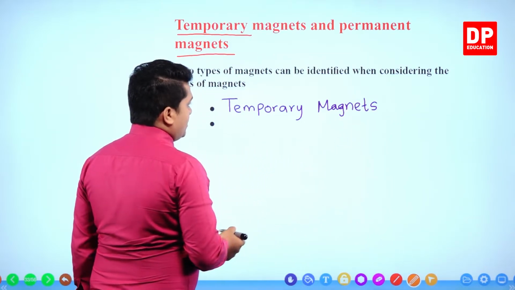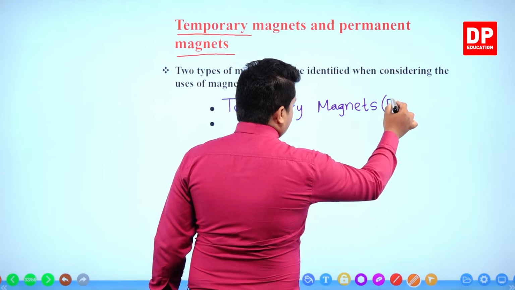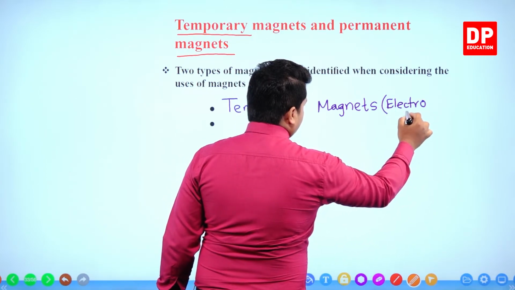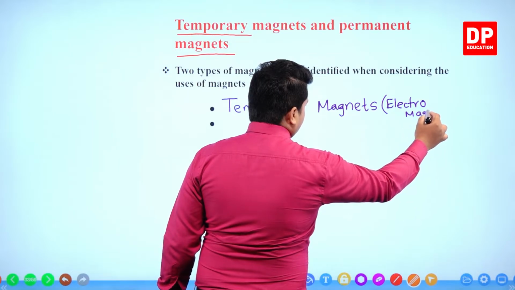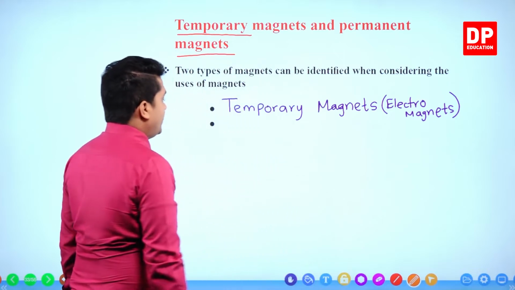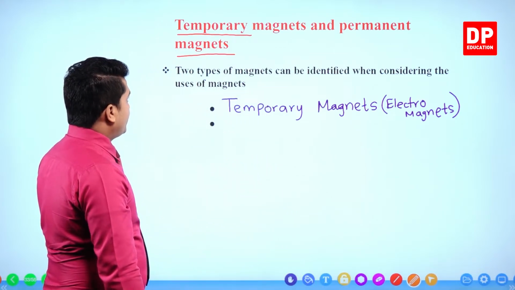These temporary magnets are also called electromagnets.